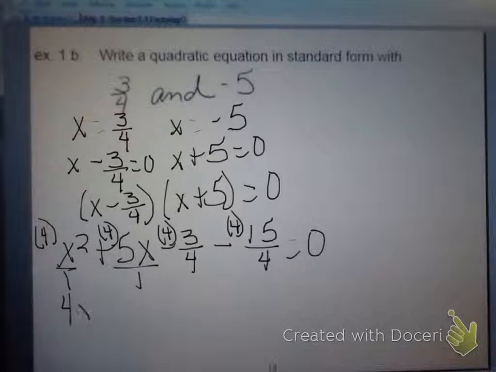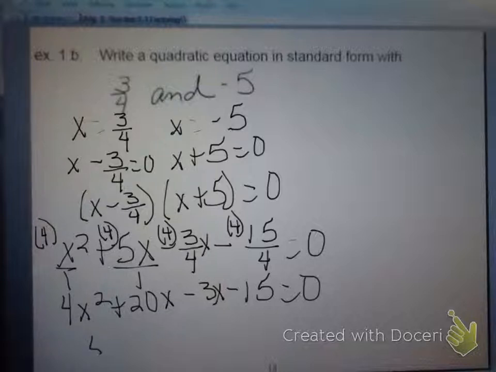And I get 4x squared plus 20x minus 3x minus 15 is equal to 0. Oh, that should be a 3/4 x right there, so 3x. Combine like terms. And there is the equation in standard form. That is the end of section 5.3 factoring.